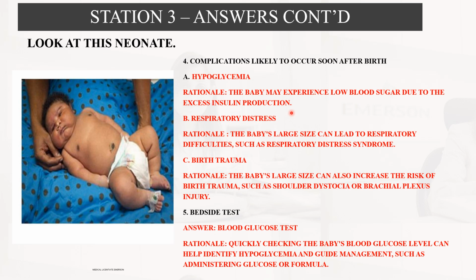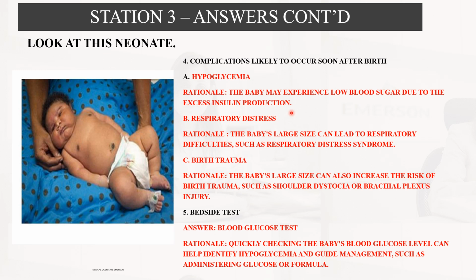So what happens is that when a child with macrosomia is born from a mother with diabetes, the mother's body, since she has diabetes, has produced a lot of insulin to get some insulin into her cells so as to reduce the hyperglycemia.